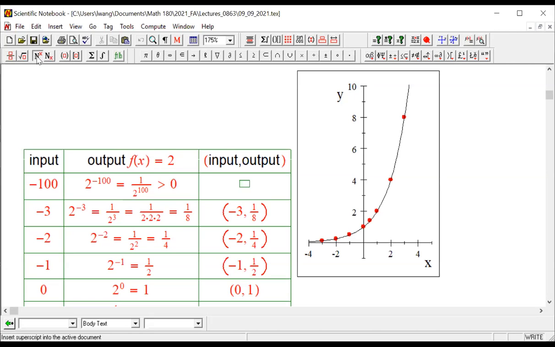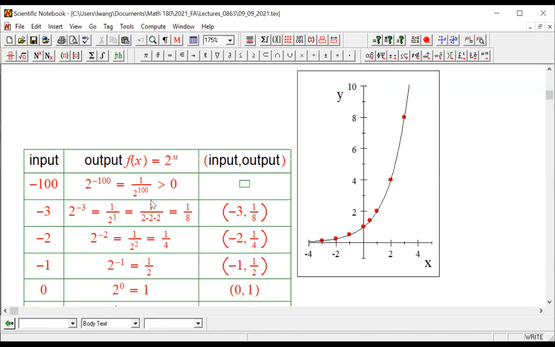For 2 to the power x, we chose the input -100, -3, -2, and so on, and we produced the output. We made this table, input, output. Did you get that? Yeah, I see that.